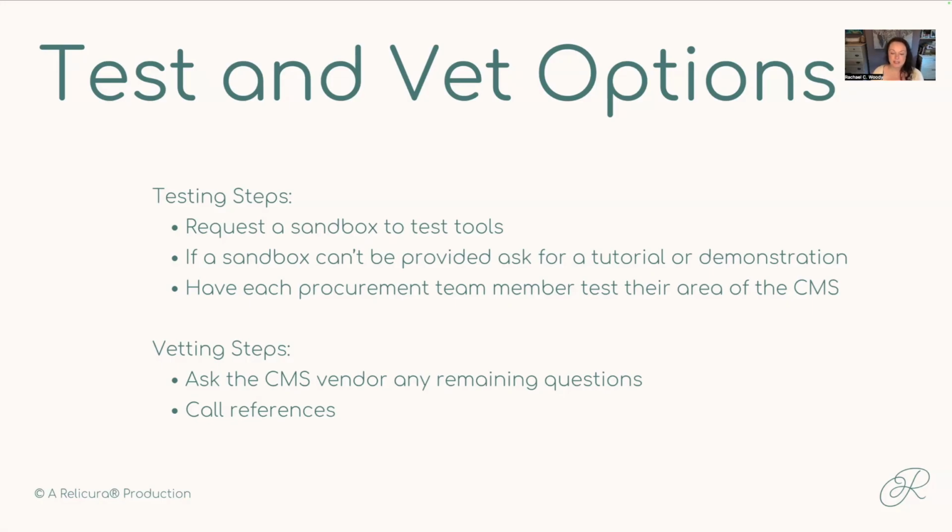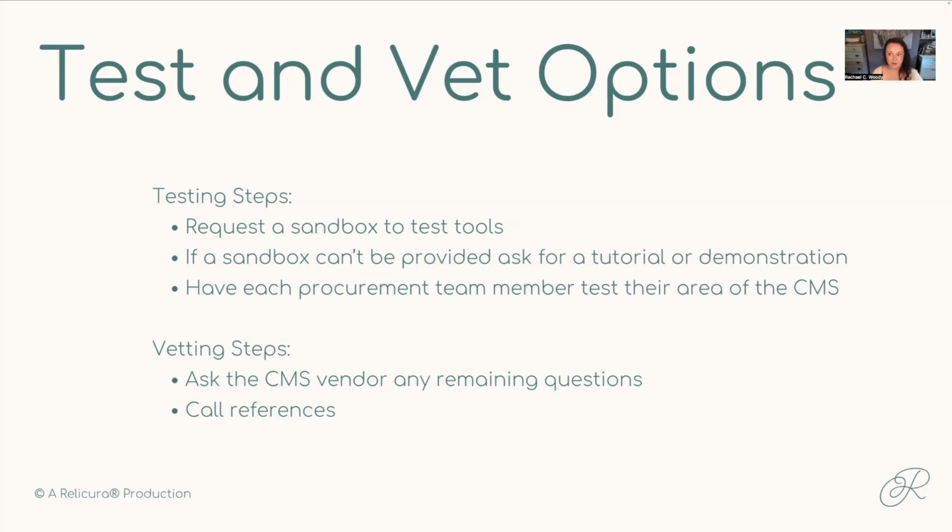In terms of vetting steps, as you narrow it down to the one or two products, I recommend asking the CMS vendor any remaining questions you have, especially if those questions help clarify whether or not that product meets your criteria. And I recommend requesting 2 or 3 references from the vendors.